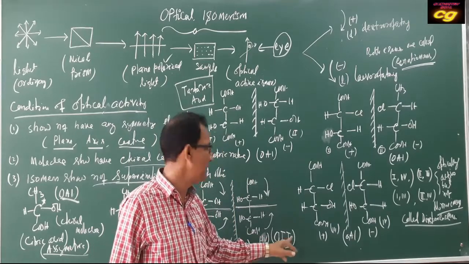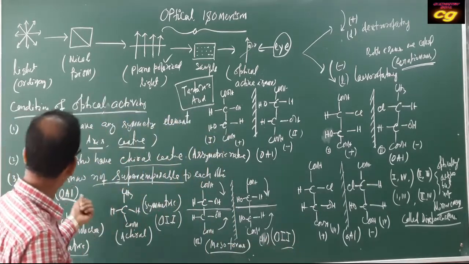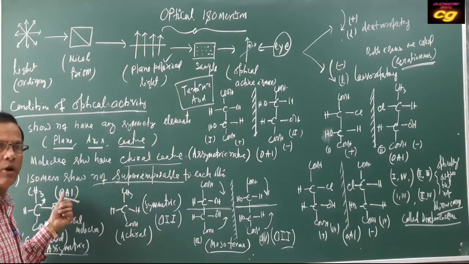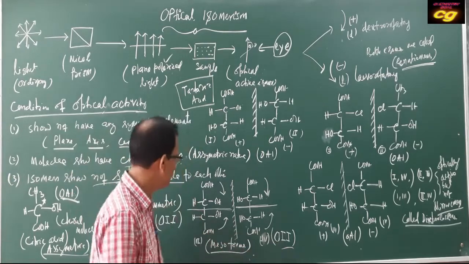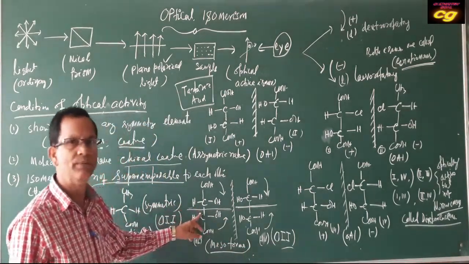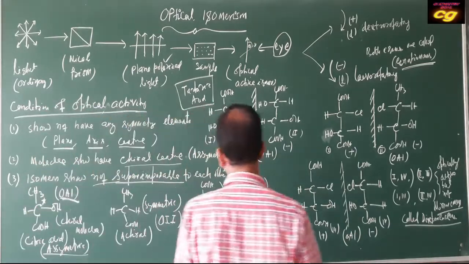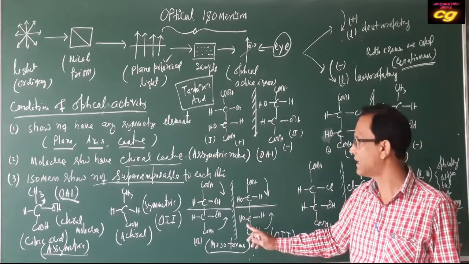OII, optically inactive isomer, and OAI means optically active isomer. It is optically inactive due to the plane of symmetry.